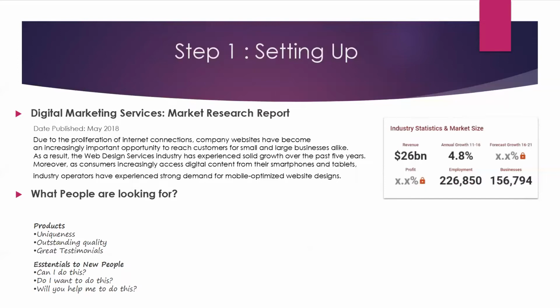You can put a market research report on this specific slide. Then in the second part, you can show what people are looking for in products, like I just put here in the example, uniqueness. We know that AXA and surplus is a very unique product, with very outstanding qualities, and we have loads of great testimonials.